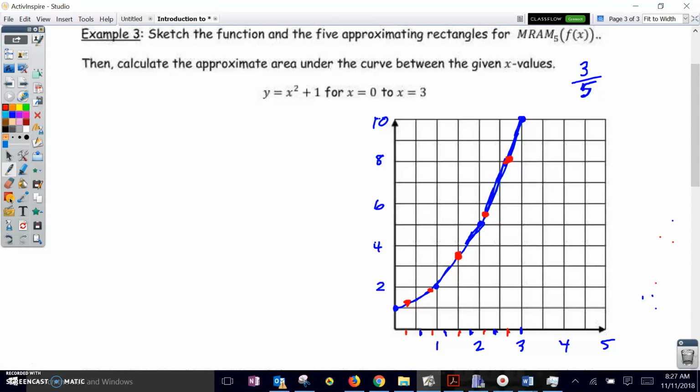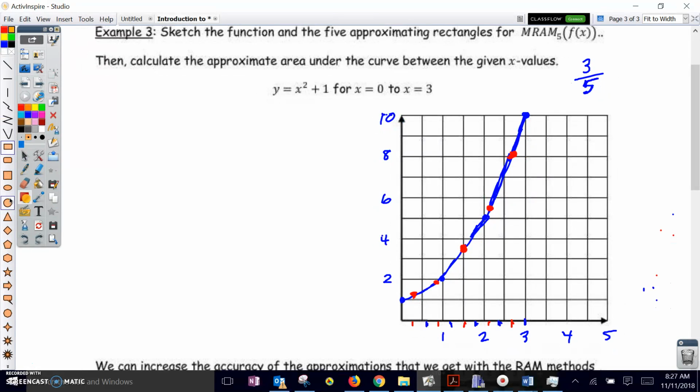And so the rectangles that we're using to approximate the area are going to look like this. There's the first one, and the second one.